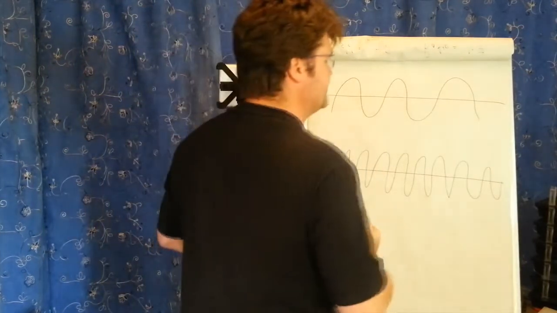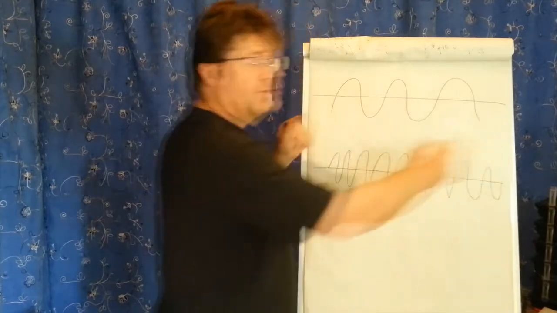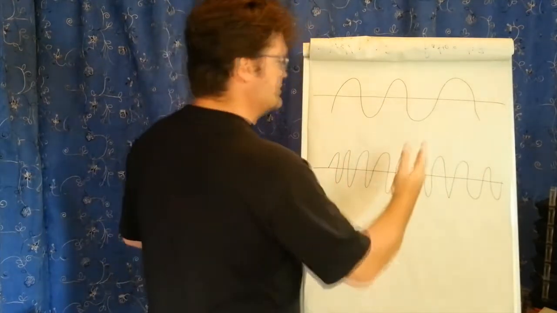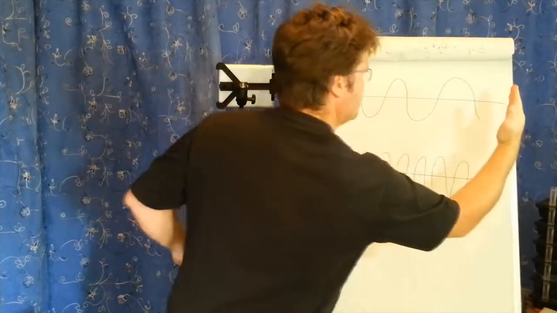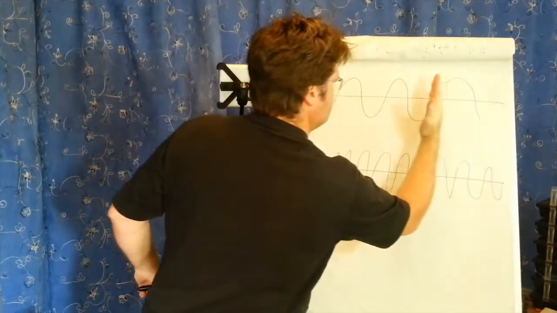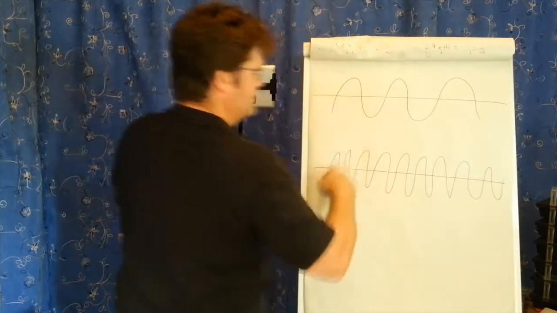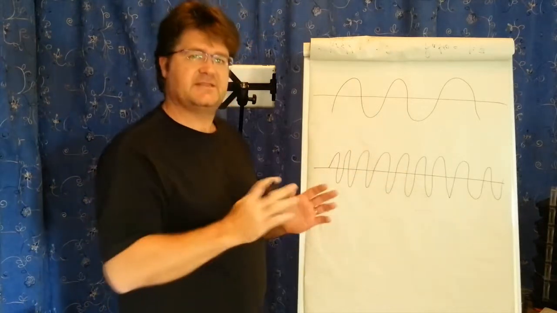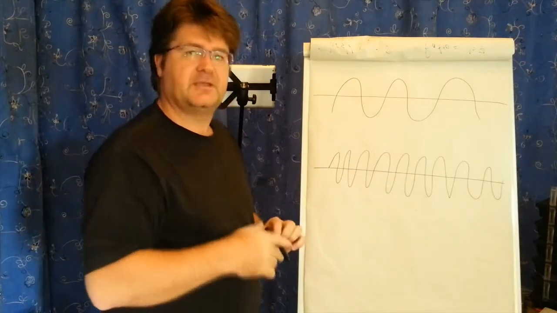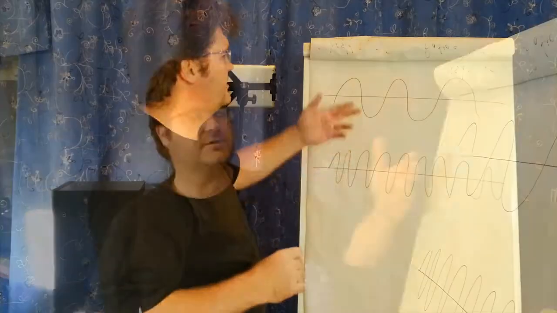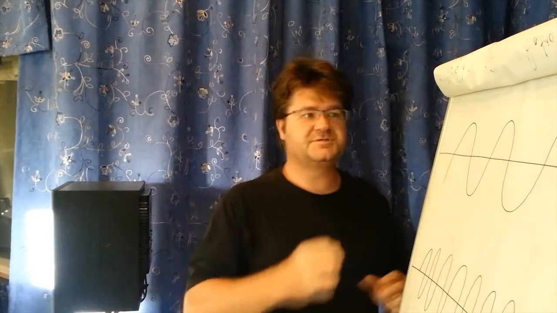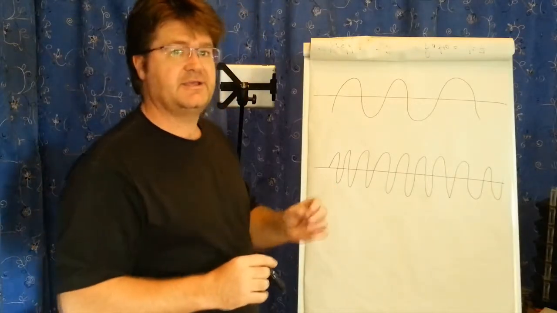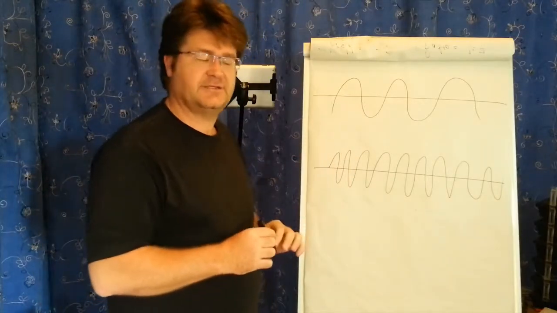For this illustration, I'm not going to move this whole board. I'm actually just going to use my hand and move past. So the sound comes along, and as you can see, this one oscillates faster. There are more full waveforms that pass by my arm in 1 second when compared to the top one, which will have fewer oscillations passing by the marked point in 1 second.